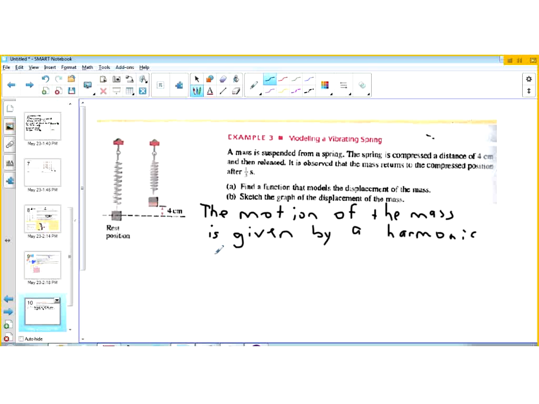I have to be careful what I say about that because there are different kinds of harmonic equations. So we'll say a harmonic equation of motion.